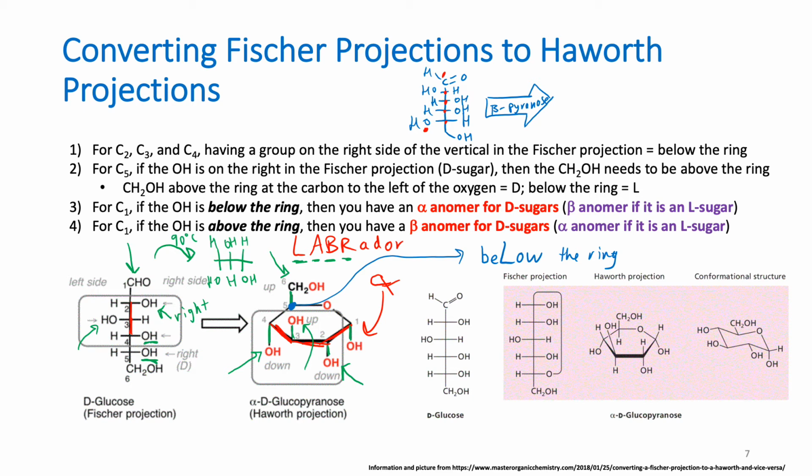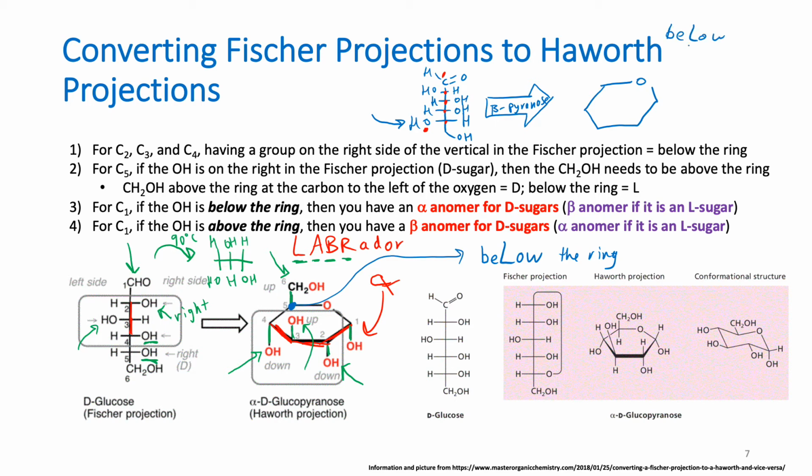So I already know I'm trying to make a pyranose, so let me go ahead and draw my pyranose ring. It's going to be a 6-membered ring. And I notice right here that OH is on the left. Therefore, that is going to be my chiral carbon that tells me if it's L or D. Since it's on the left, it's going to be L, and remember, below.